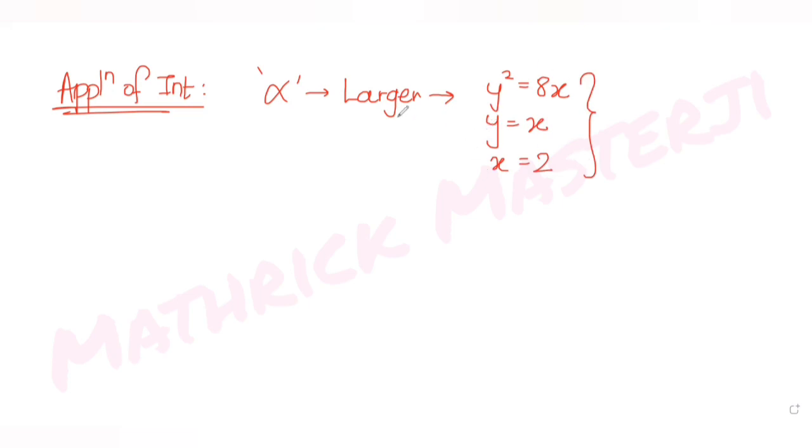We have also been told that this area of the larger region lies in the first quadrant. We have been asked to find the value of 3 alpha.